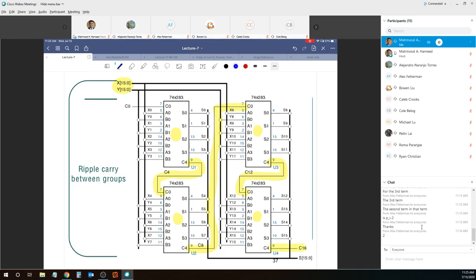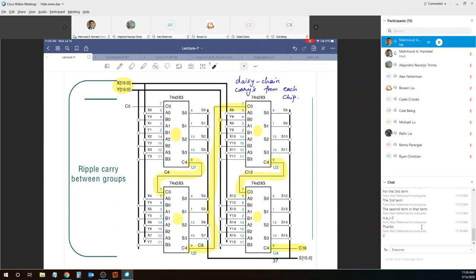So I can say daisy chain carries from each chip. Those are the only things that are rippling through, right? So there is a ripple carry between the groups. So that takes care of the fan-in problem, right?